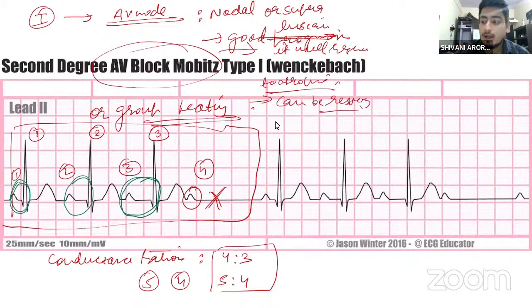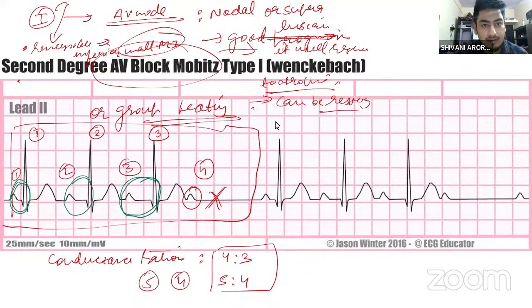And what are the causes of Mobitz type 1 block? We can have reversible causes like electrolyte abnormalities, and then inferior wall MI. So inferior wall MI can cause AV nodal blockage at the level of the AV node.